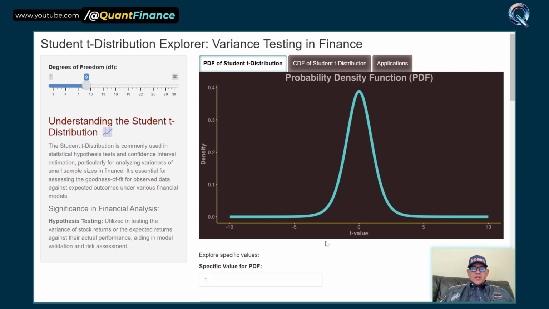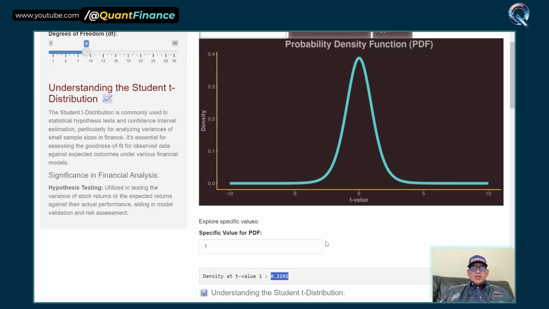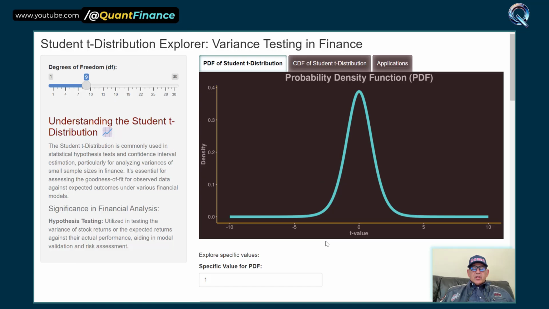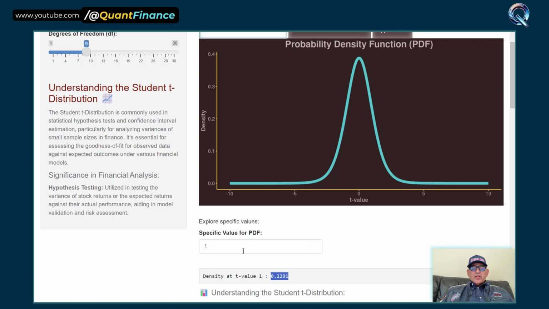So this is a very interesting app that helps us understand the t value of small sample sizes, and there are inputs which the user can enter, degrees of freedom and a specific t value, and then we get the probability at that t value.